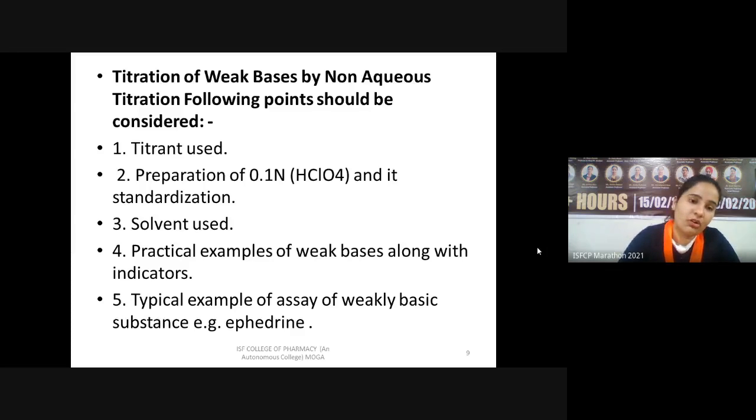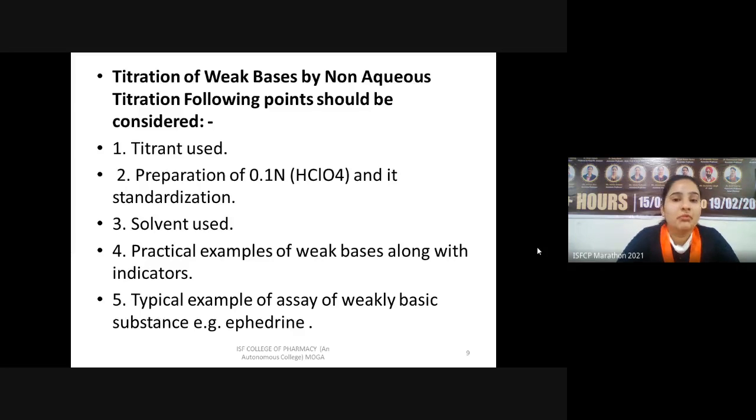The next step is the preparation of perchloric acid, that is, preparation of 0.1 normal perchloric acid, and then we standardize it. By standardization we mean that we check that the concentration is exactly 0.1 normal and does not vary.